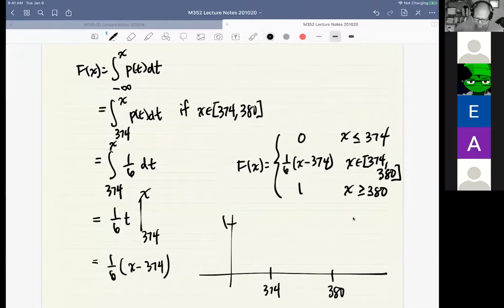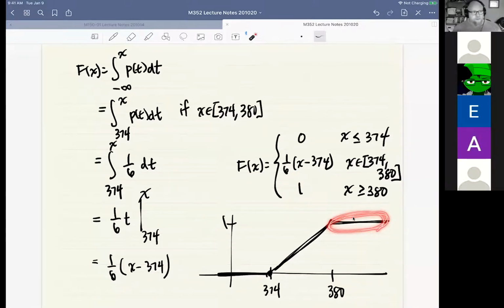So the plot would look something like this. And because of properties of PDFs, all cumulative distribution functions are going to have this property that above some point, they're going to be all equal to 1, or they're going to be approaching 1 asymptotically. So that's the CDF.